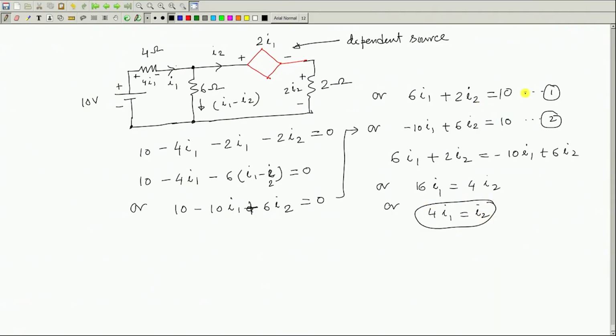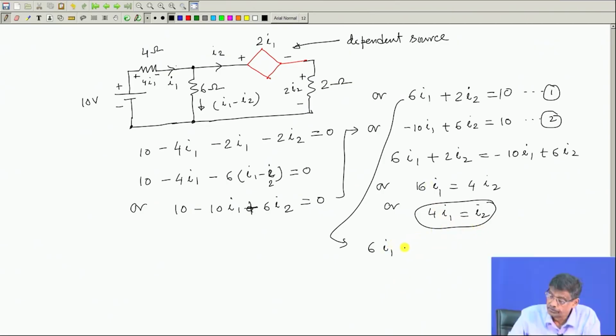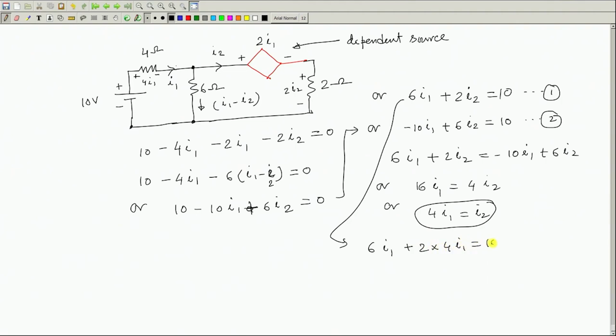Then use any of these equations. For example, I 2 you substitute. So, you say 6 I 1 plus 2 I 2, 2 into I 2 means 4 I 1, is equal to 10, or you will be getting 6 plus 8, 14 I 1 is equal to 10, or I 1 is equal to 10 by 14 is equal to 5 by 7 ampere.